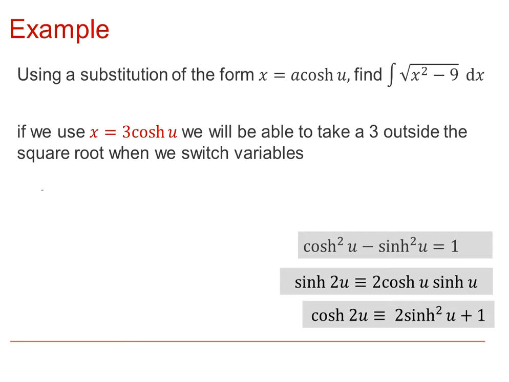So we have the integral of the square root of x squared minus 9 dx, and if we use x equals 3 cosh u, then we find that dx by du will equal 3 sinh u.